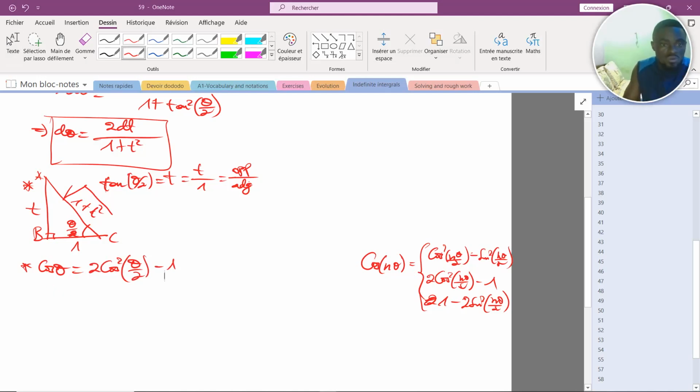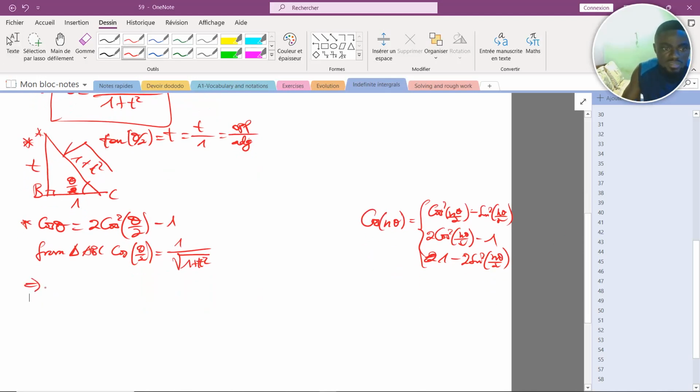Now, from triangle ABC, we see that cos theta on 2 is equal to adjacent over hypotenuse, which is 1 all over the square root of 1 plus t squared. Is that okay? So this implies our cos theta will be equal to 2 into 1 all over square root of 1 plus t squared, all that squared, minus 1.